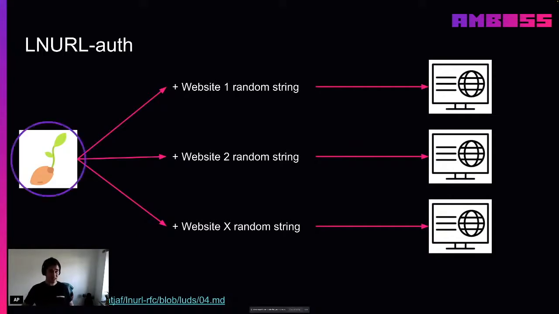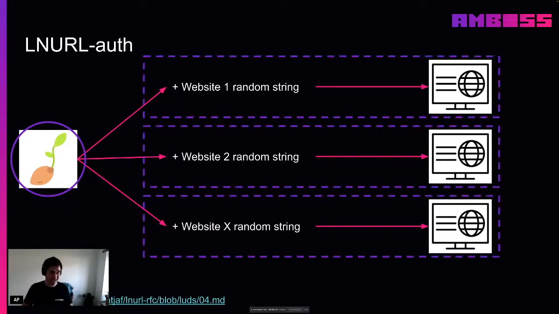So the very nice part is that this is all based on the seed that you have. So you are in complete control over the accounts that you have on all of these services. As long as you have your seed, you have all of these accounts, right? And another huge benefit of this is that every single one of these websites is independent from each other.